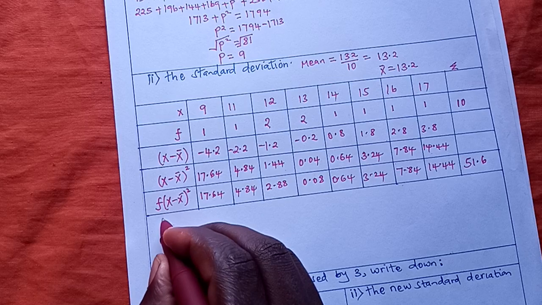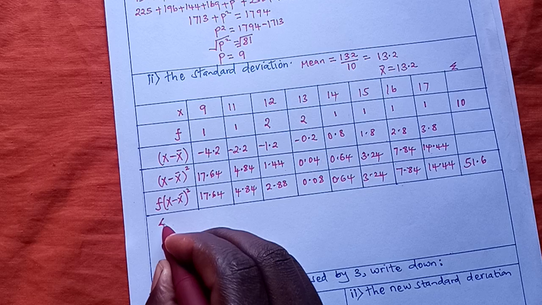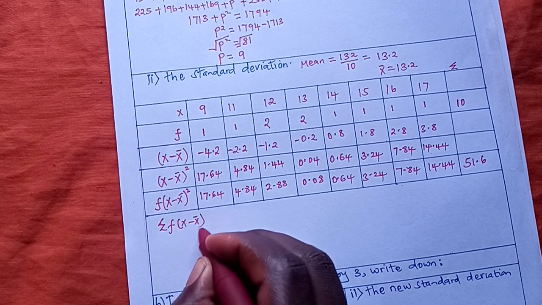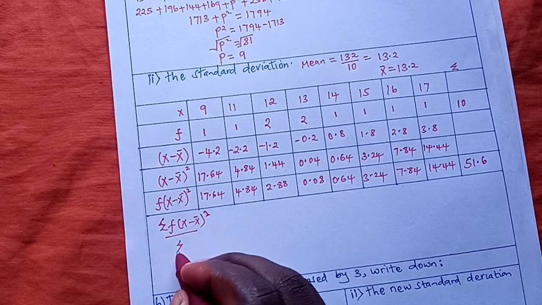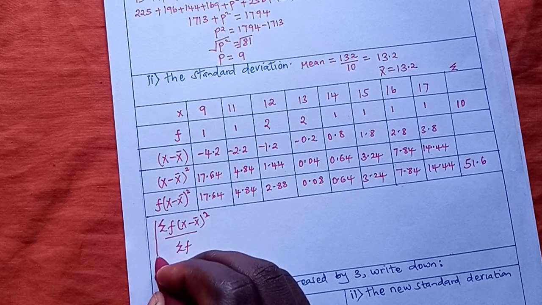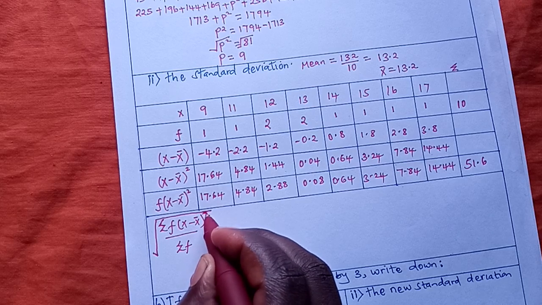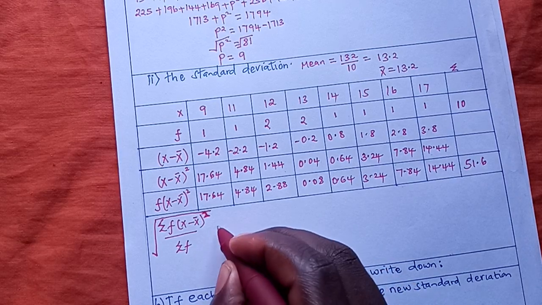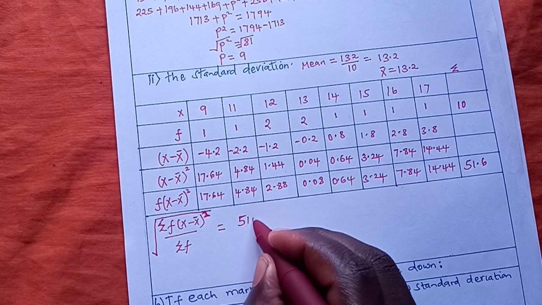Now, proceeding to the standard deviation, because that is the main question. Standard deviation is given by this. We are going to get the summation of f into x minus the mean, squared. We divide by the summation of f. Of course, we must find the square root. We substitute 51.6.